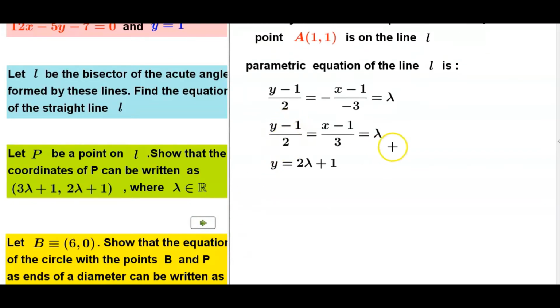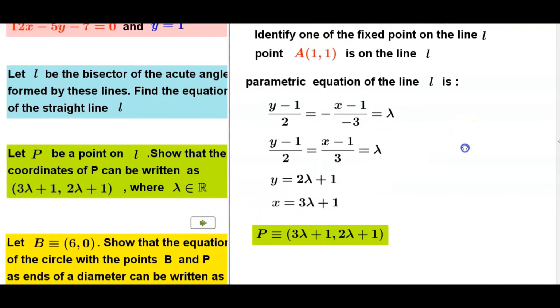Consider this and this one. y minus 1 equals 2 lambda, therefore y equals 2 lambda plus 1. Then consider the other equation: (x minus 1) over 3 equals lambda, therefore x minus 1 equals 3 lambda, so x equals 3 lambda plus 1.